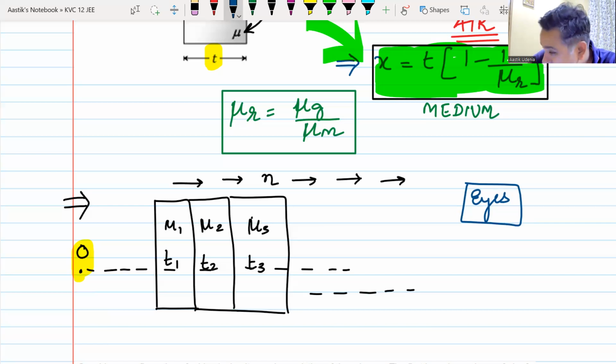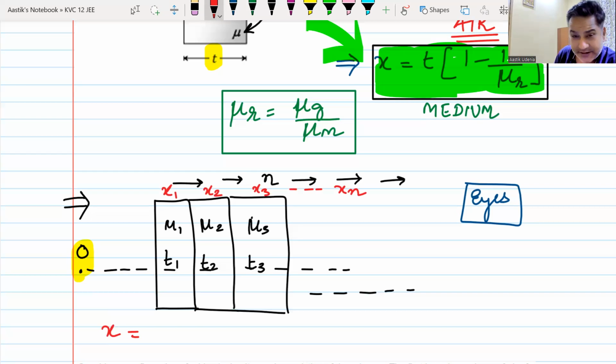T1 into 1 minus 1 by mu1 plus T2 into 1 minus 1 by mu2 plus T3 into 1 minus 1 by mu3. Okay, that is correct. So if I call the displacement due to this one as x1, the displacement due to the second as x2, x3, and so on up till xn, the total shift would be x1 plus x2 plus x3 up till xn.